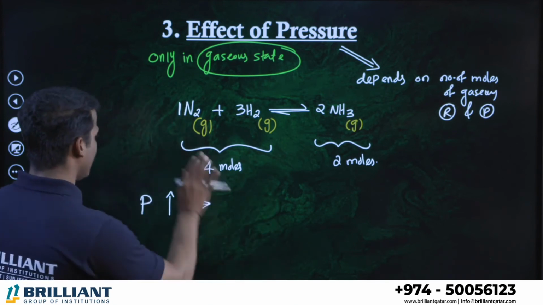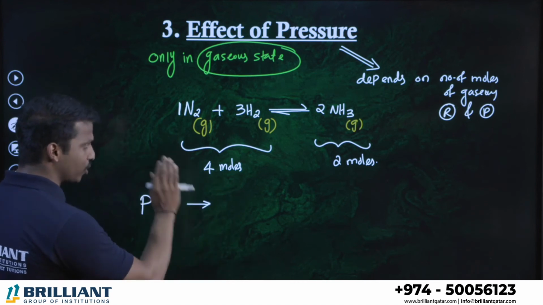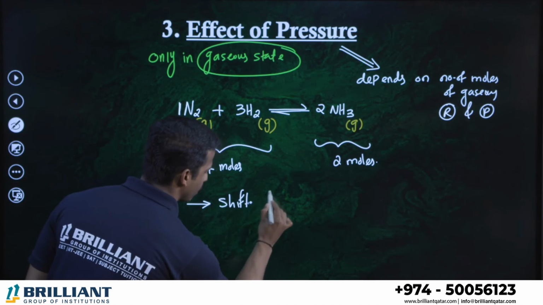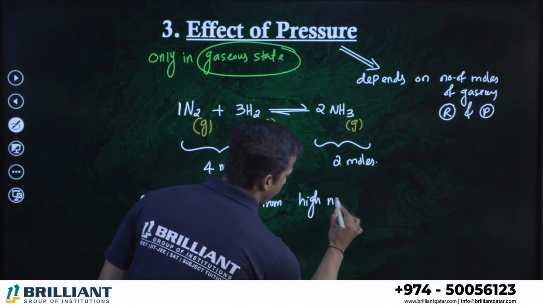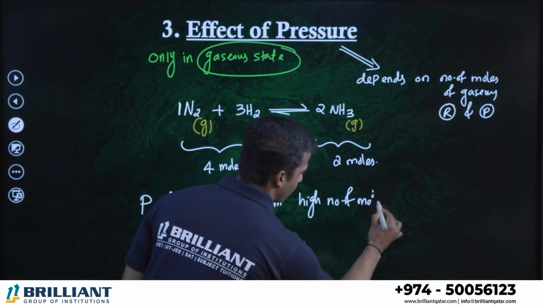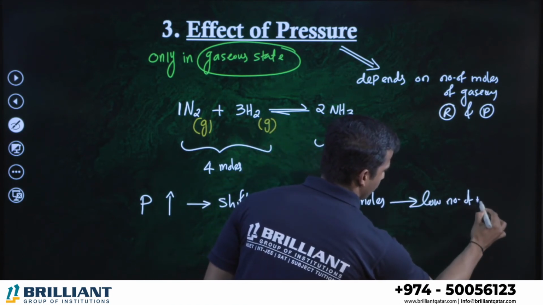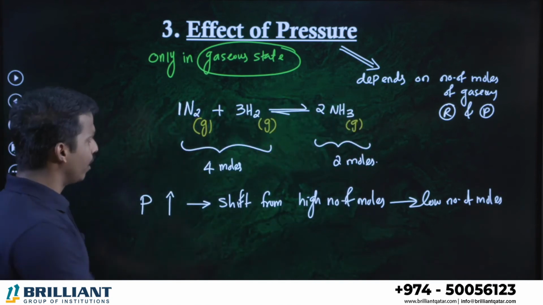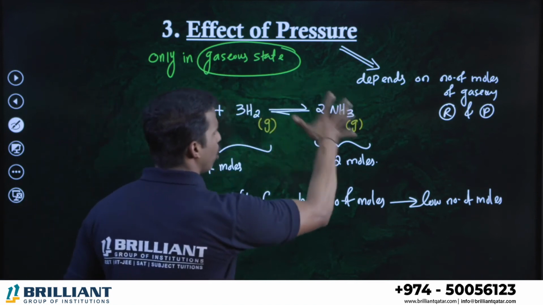Let's see. If pressure increases, this is the theory: the reaction shifts from a high number of moles to a low number of moles. Clear all of you? If you increase the pressure of a system, the reaction shifts from a higher number of moles to a lower number of moles.